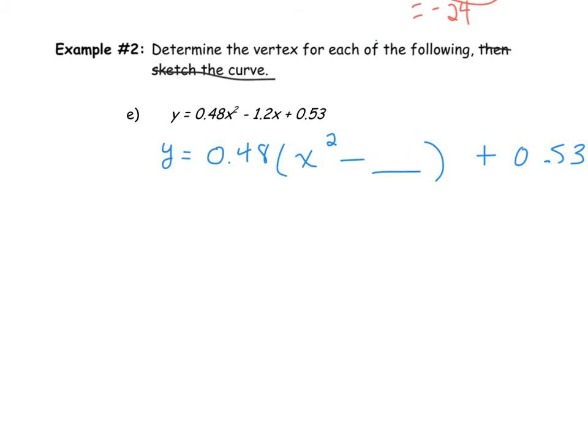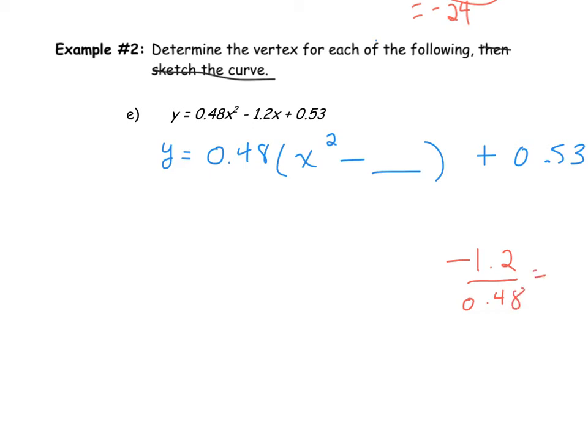So really what I'm saying to myself is 0.48 times what is going to give me negative 1.2. And so the way that I can solve that is by reversing that equation, if you will, and doing a division just like we did in the last fraction questions. So I would say negative 1.2 divided by 0.48, and we'll see what that gives us.